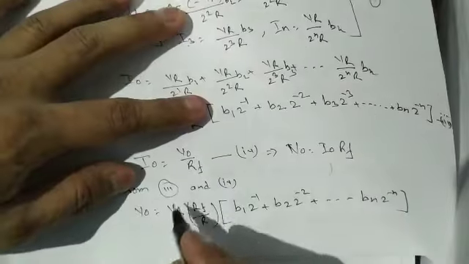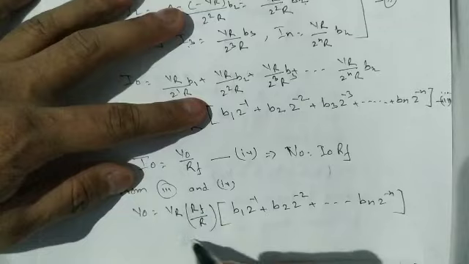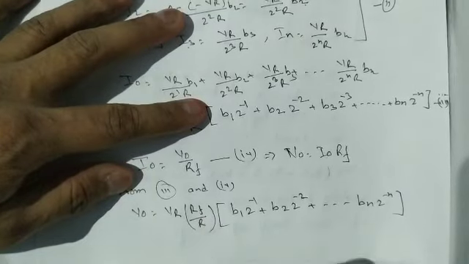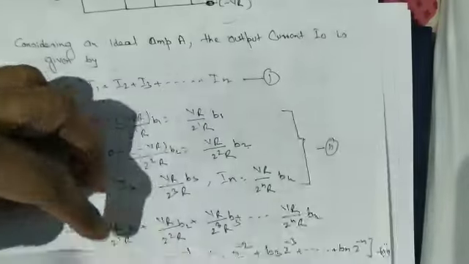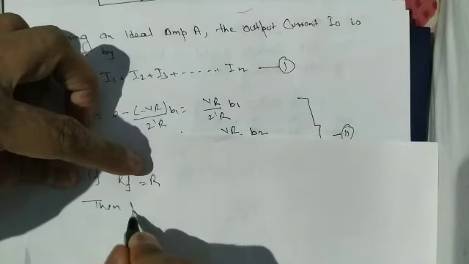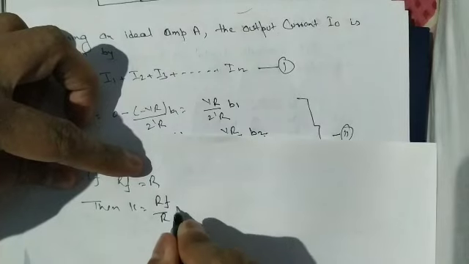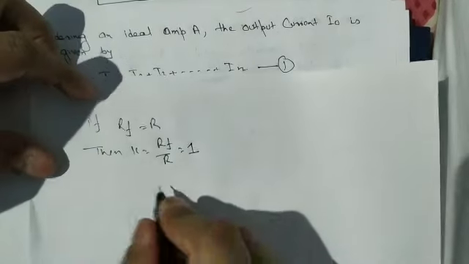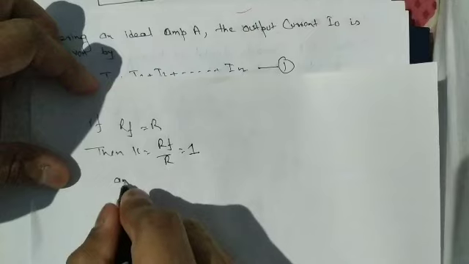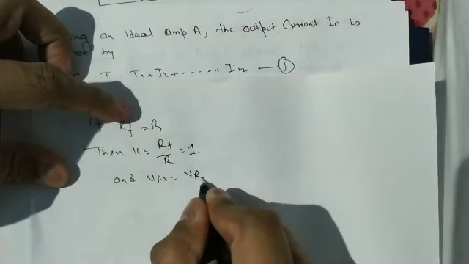So VR RF by R will be equal to K, and when RF equal to R then K equal to RF by R, and that is equal to 1, and VFS equal to VR.